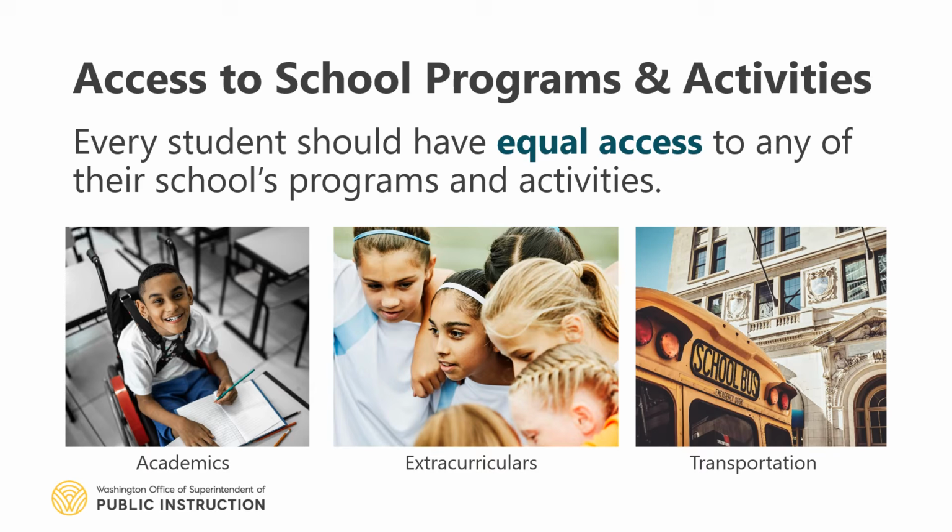In other words, schools cannot limit or deny a student's participation in school programs or activities because of protected class. A school's programs and activities include any and all academic programs, courses, or pathways, including field trips, extracurricular activities, clubs, and interscholastic athletics, and transportation.